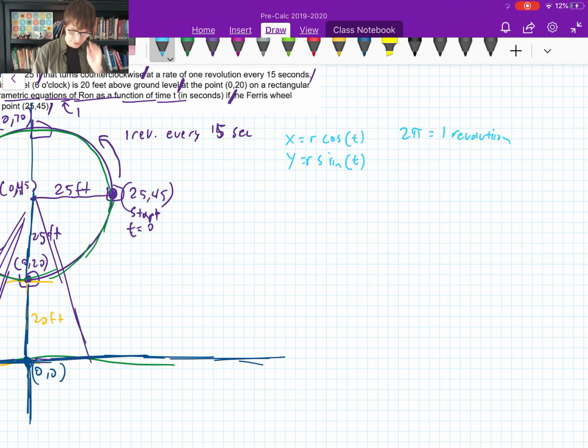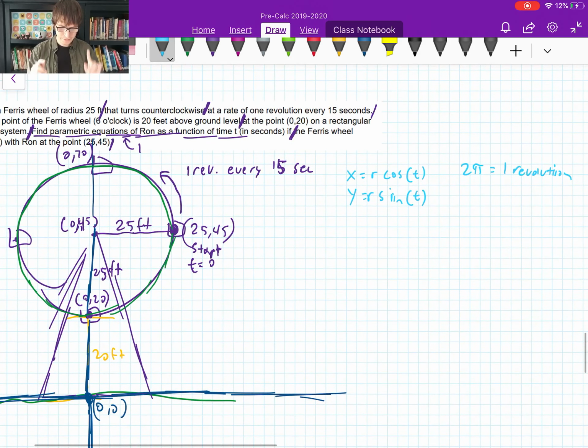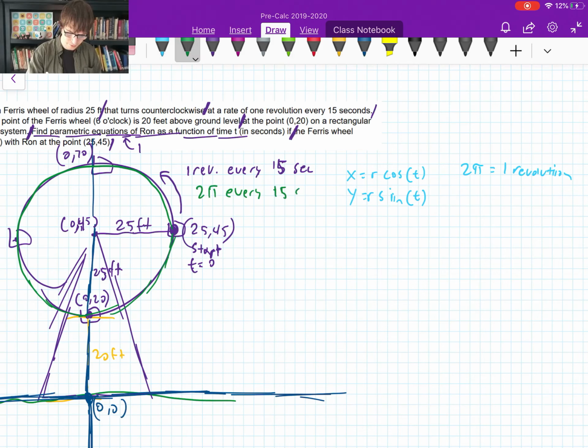So if we're trying to do 1 revolution every 15 seconds, let's first figure that out. 2 pi is 1 revolution, so we're trying to do 2 pi every 15 seconds. That's what that means. That seems about all I can figure out there. We're going to come back to that in a second, though.